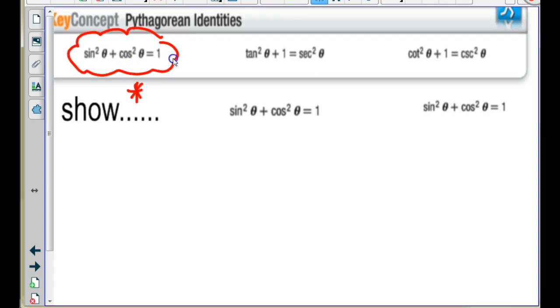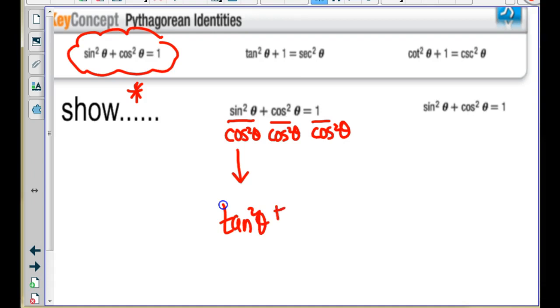If I have sine squared plus cosine squared equals 1, and I divide everything through by a cosine squared, okay, everything's divided by a cosine squared. What is sine squared over cosine squared equal to? Tangent squared, okay? Cosine squared divided by cosine squared would be 1.